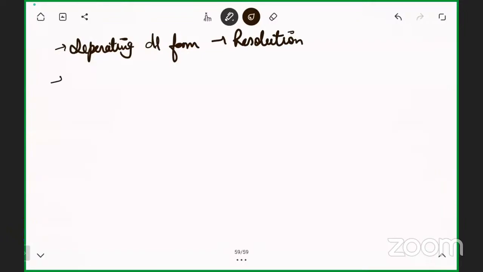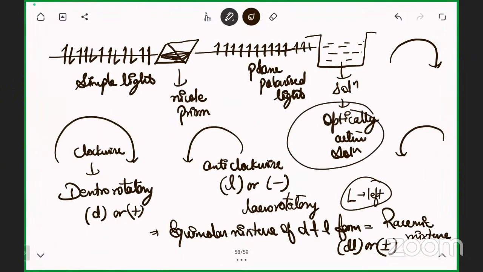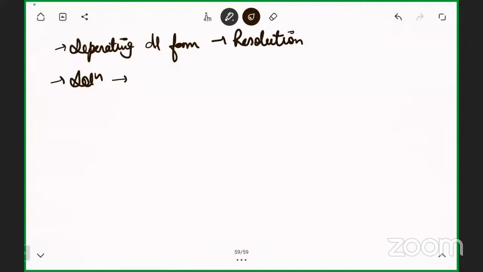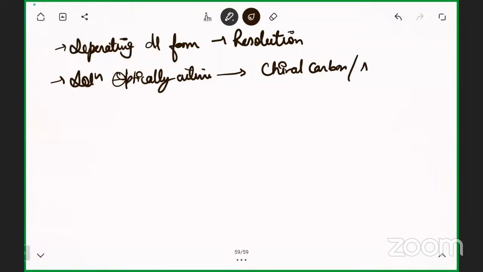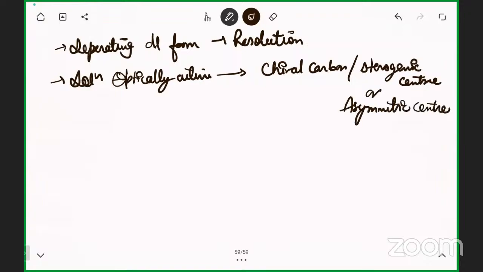Why is the solution optically active? We are using here the optically active solution because the solution has a chiral carbon, or you can say stereogenic center, or asymmetric center. What is chiral carbon?